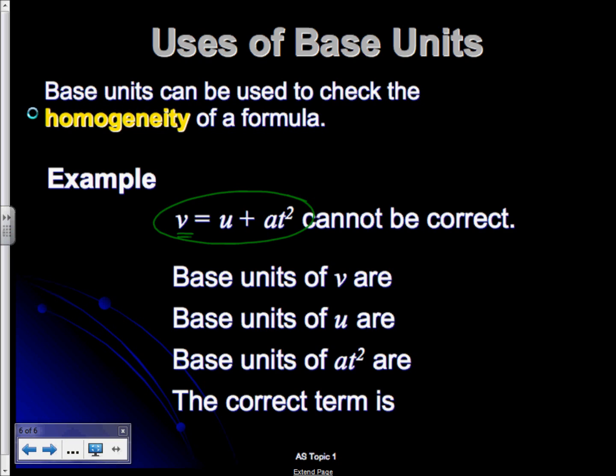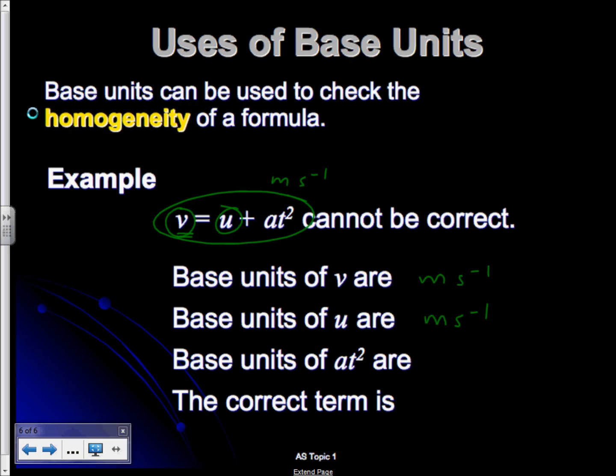Little v stands for velocity, measured in meters per second. Little u stands for another velocity, initial velocity, again, measured in meters per second. So if the first two quantities are measured in meters per second, the third quantity has to also be measured in meters per second. That's what homogeneity means. Every term in an equation has to have the same base units.